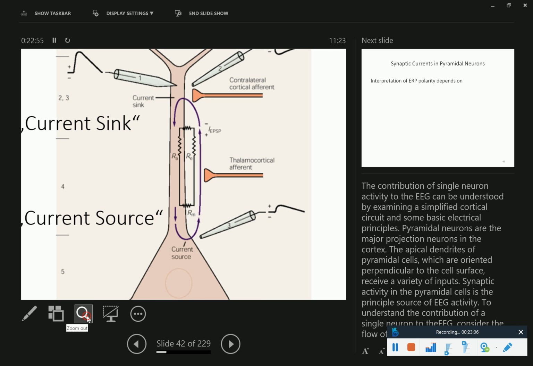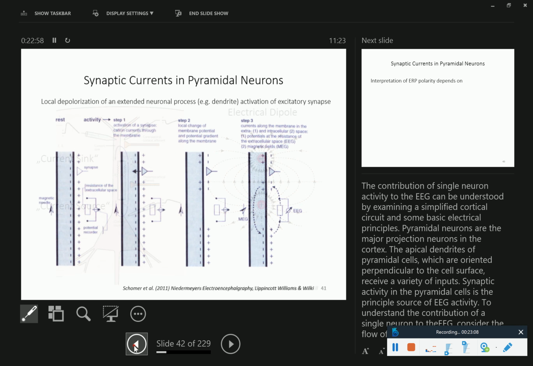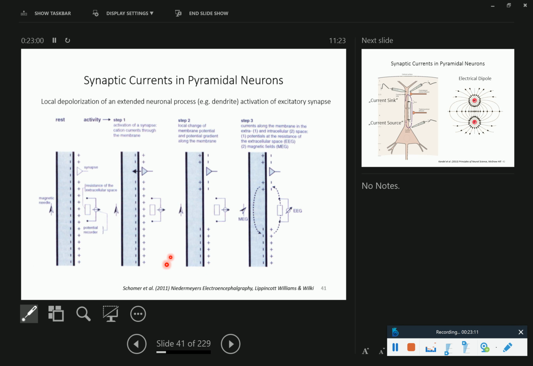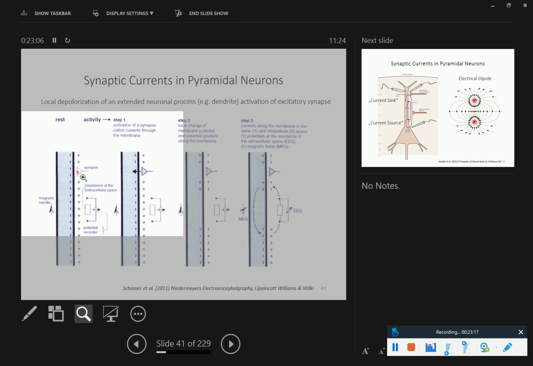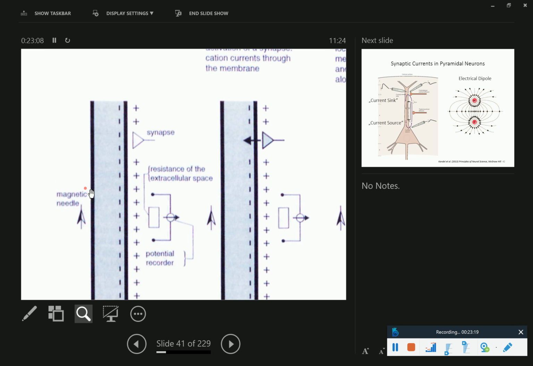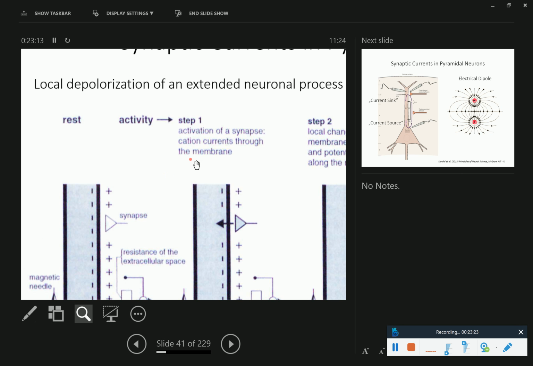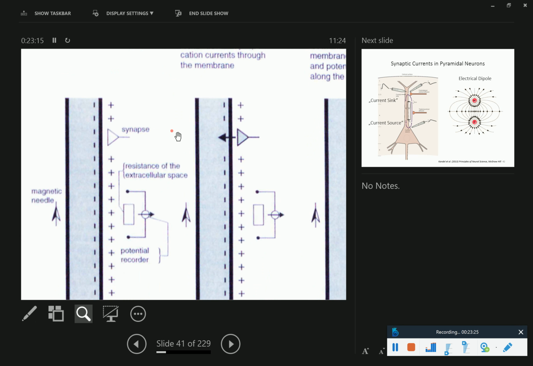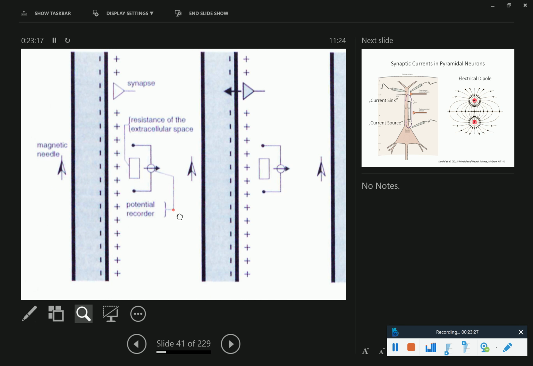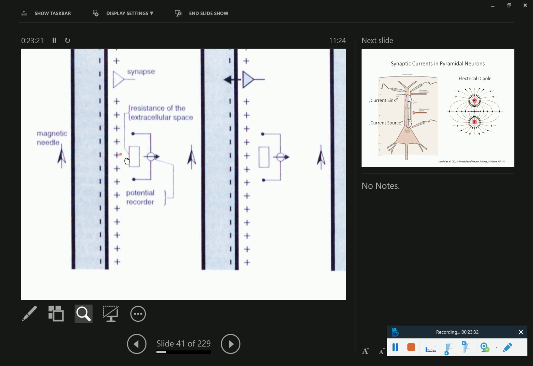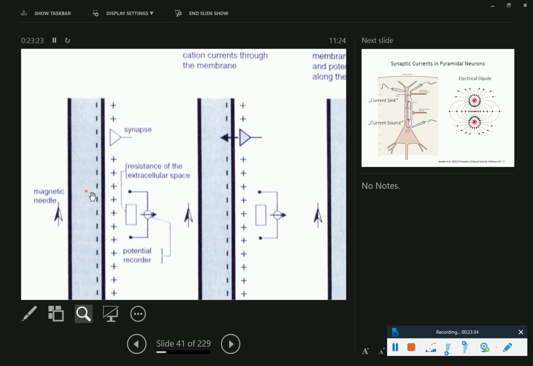So let's go back to the other slide here, which makes this a little bit more fine-grained. First, there is some rest, and you have some synapse here. The intracellular medium is charged a little bit more negative than the outside.